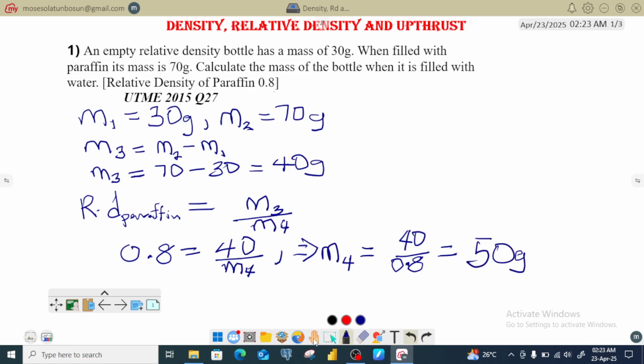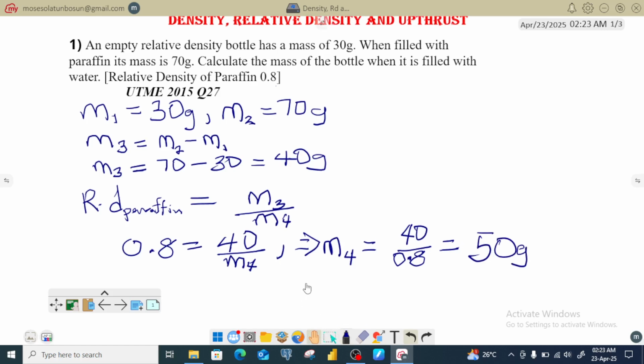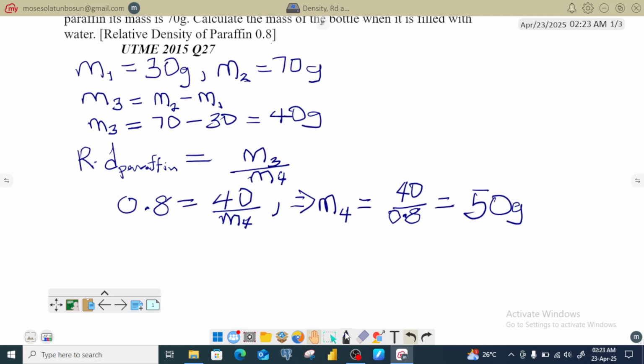And permit me to just adjust the screen a bit. Okay, having this is the mass of the water that will fill the empty density bottle. So what is now the mass of the bottle when filled with water? Let's call it M5.